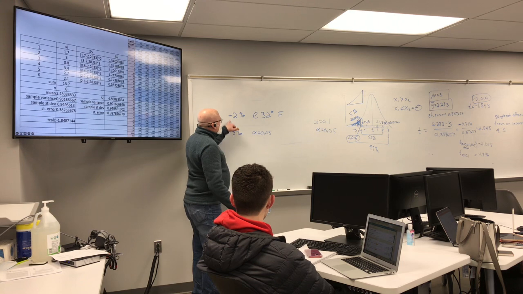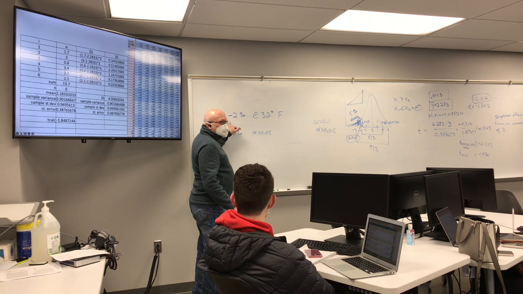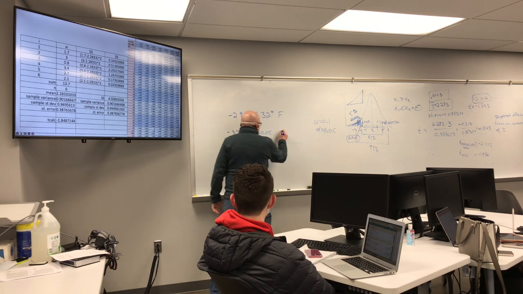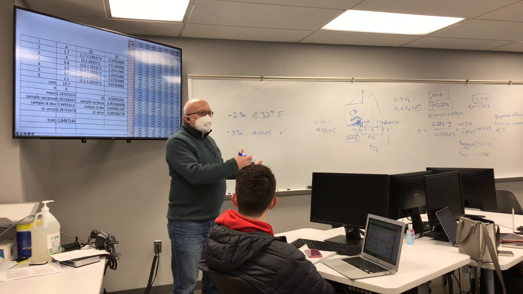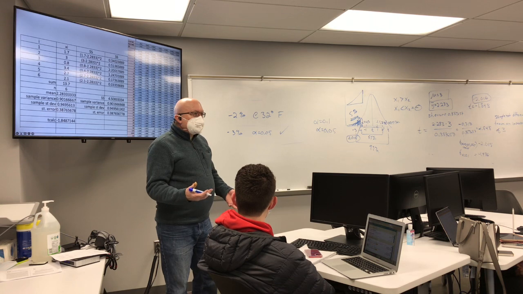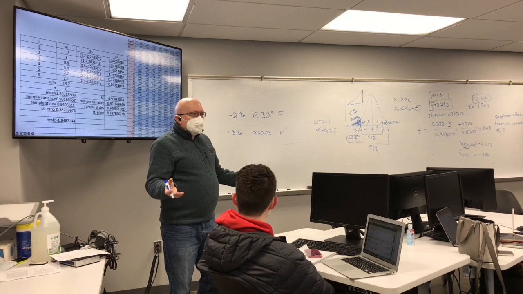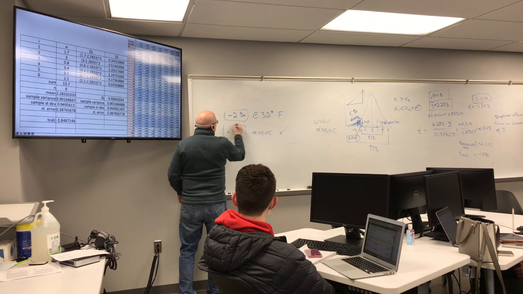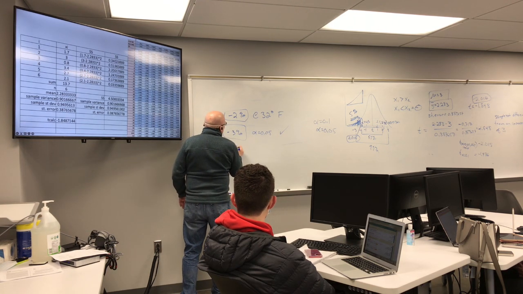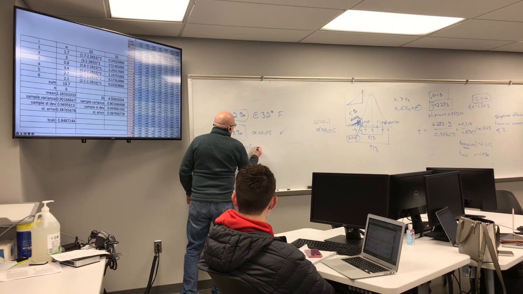But he doesn't find that that's significantly different from that. And so he's like, well, we're good to go. 3% was not significantly different from 2%. We're good to go. This is the tolerance I was given. I gathered data. I found no significant difference.